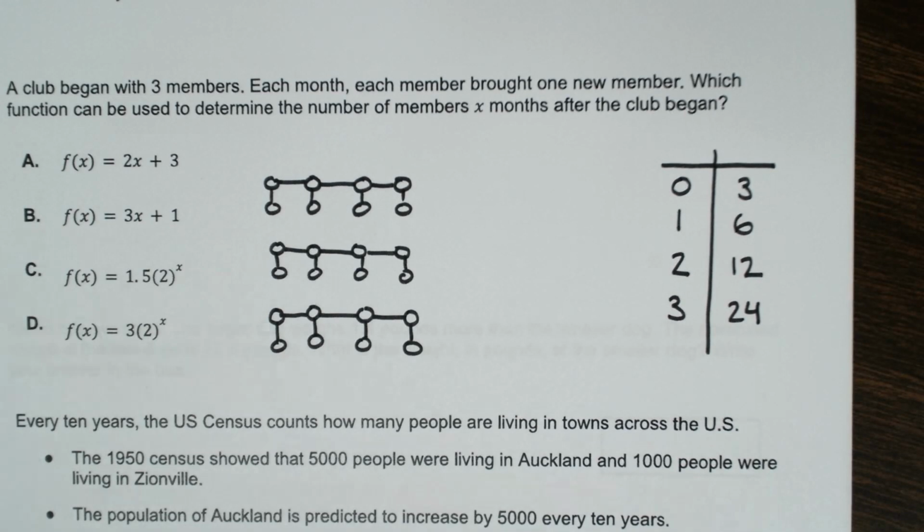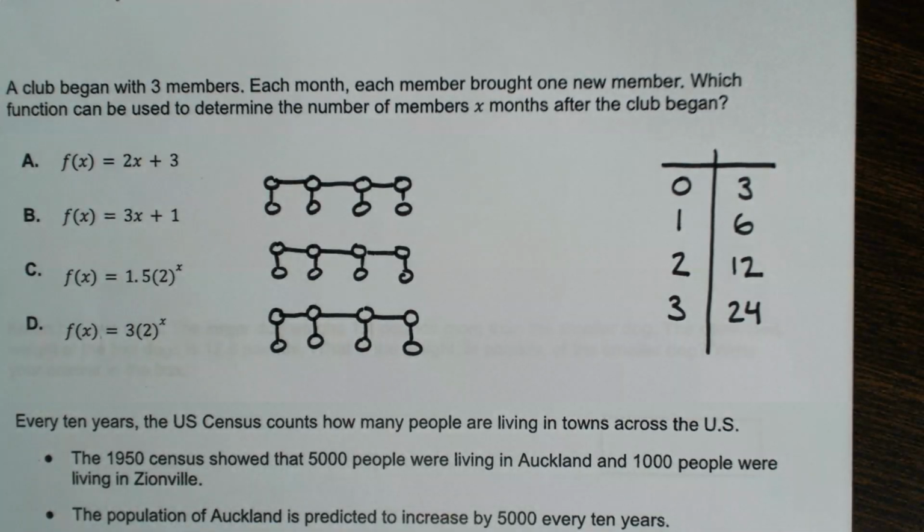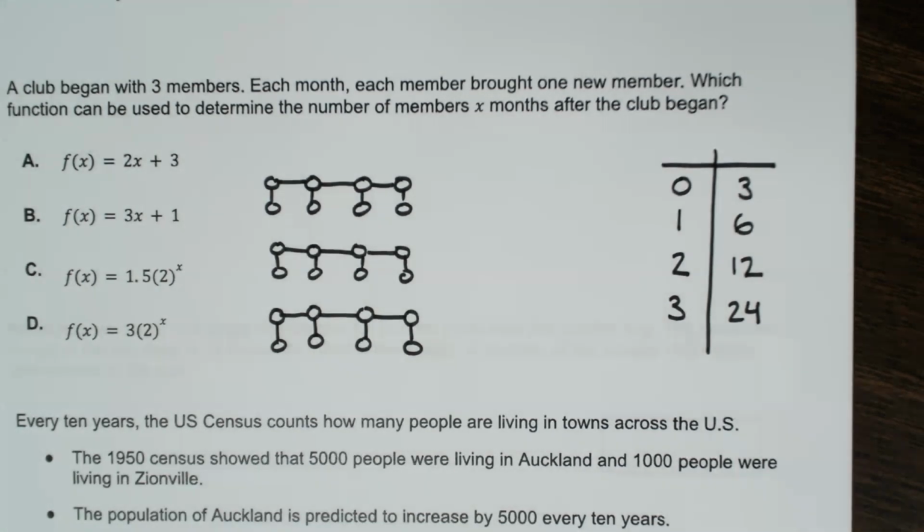What does it look like is happening with the y values here? They're growing how? They're doubling. 3 times 2 is 6, times 2 is 12, times 2 is 24.